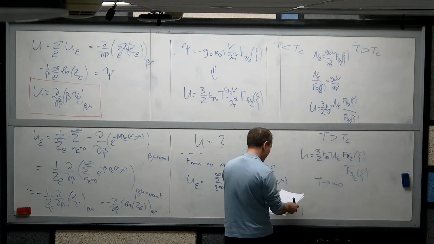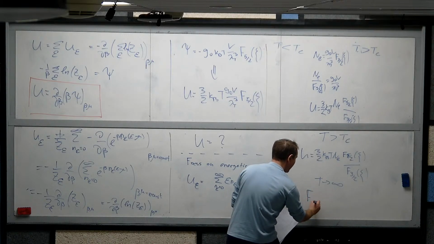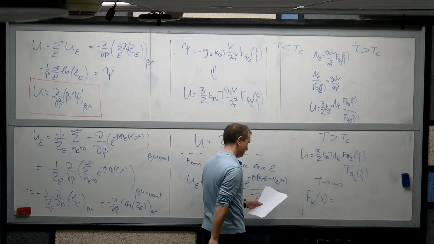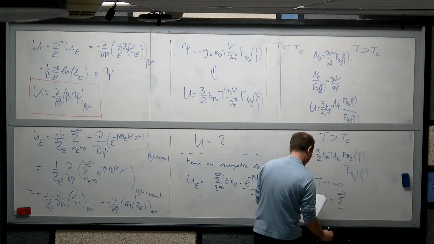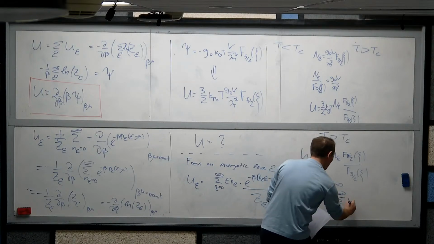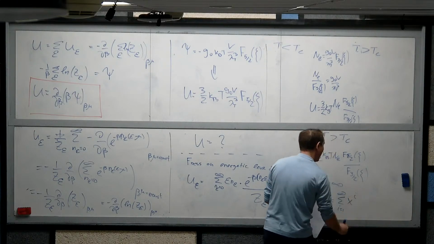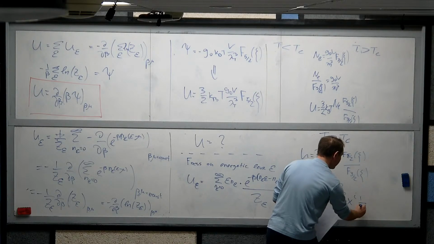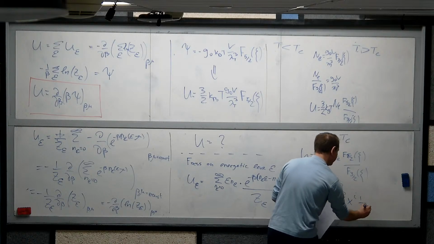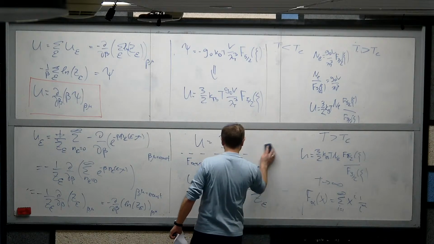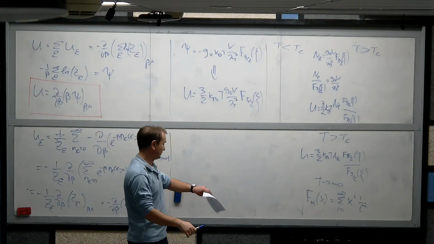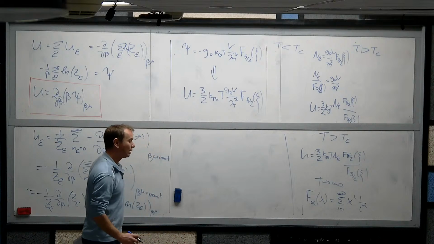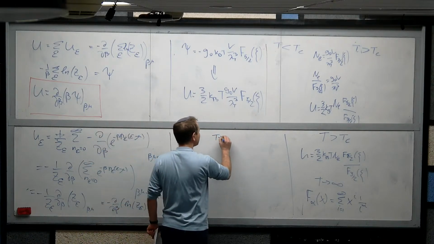Now, I remind you, what is F alpha? F alpha of X is a sum, i goes from 1 to infinity, of X to the power i, times 1 over i to the power alpha. Okay, so T goes to infinity.